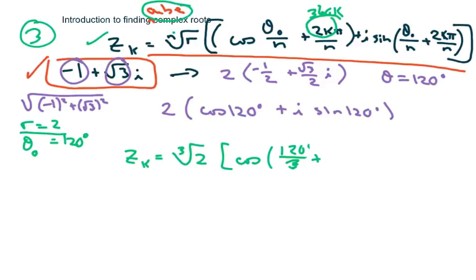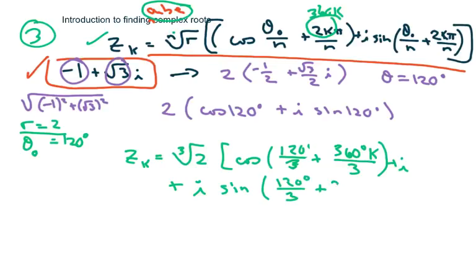Plus 360 degrees times k over 3, plus i, and I didn't leave enough room, so I'm going to move it up here, plus i sine, and you do the same thing, 120 degrees over 3 plus 360 degrees k over 3.